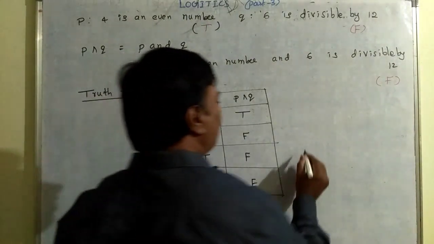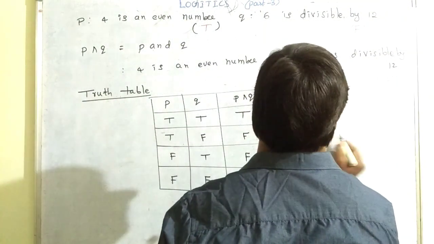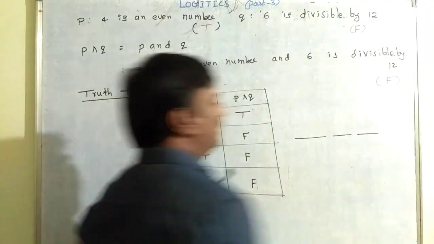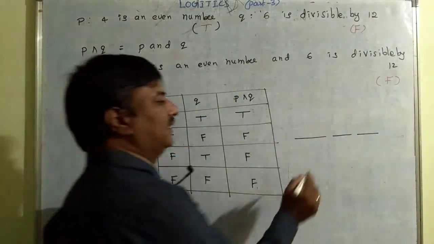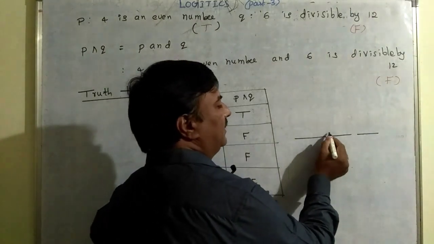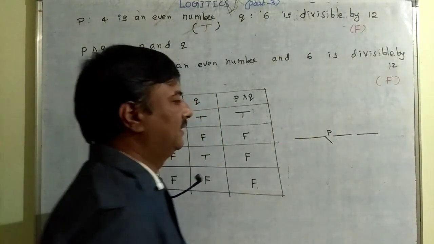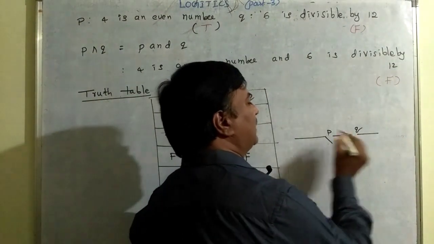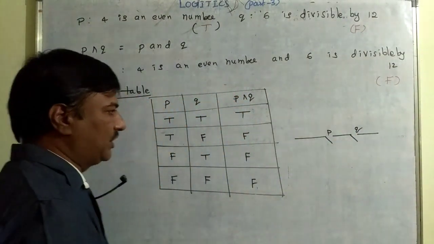And one more method of writing is by using the circuit diagram. Let us consider here this is P, and this is the second statement Q, with two switches.